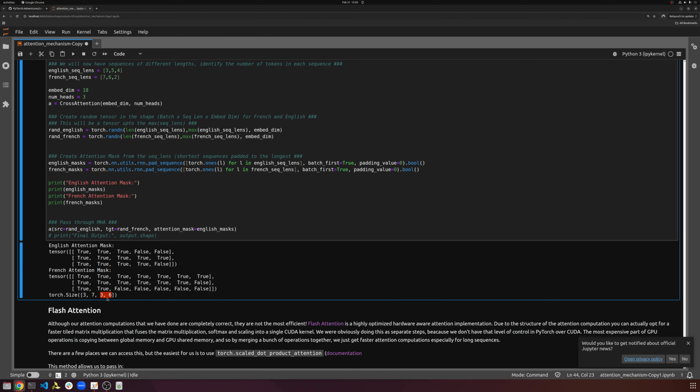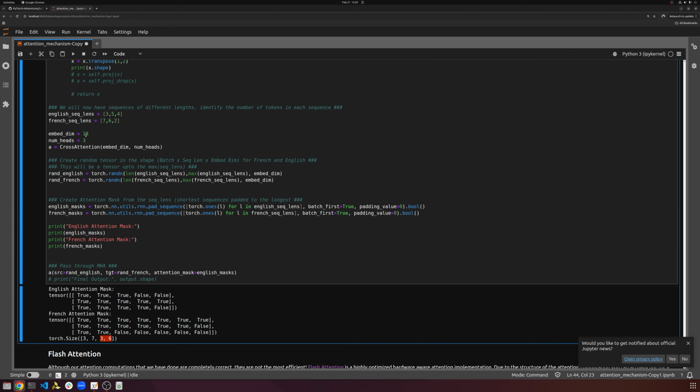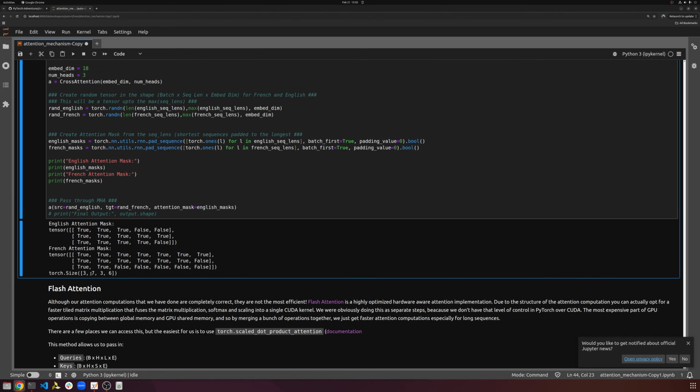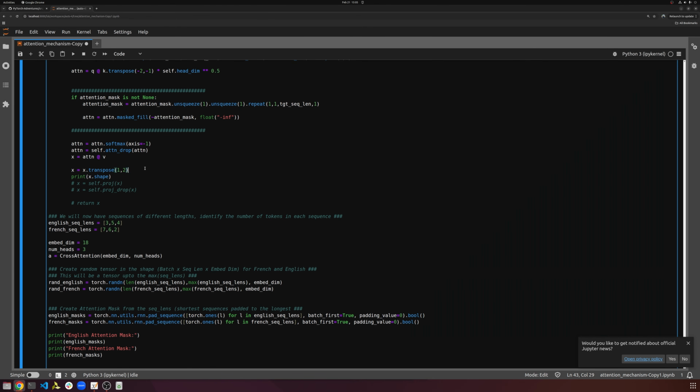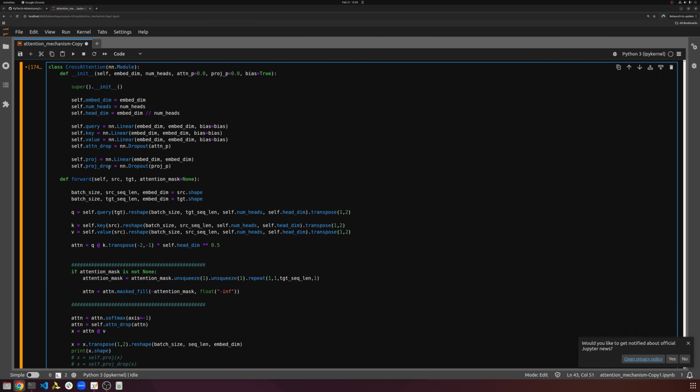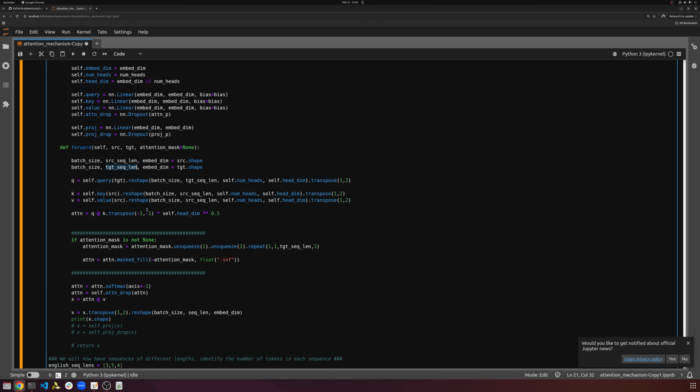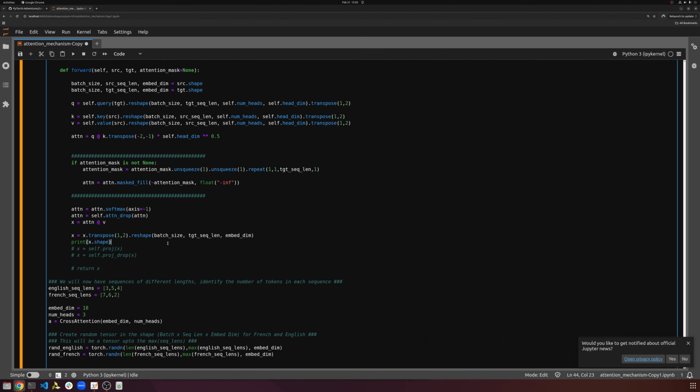Okay. And now that we have our x.shape done, we can now put this 3 and 6 back together to produce 18. So it'll be batch size by, this is the French target length. It's throwing an error because originally it was just sequence length, but really it needs to be this target sequence length by embed dim.